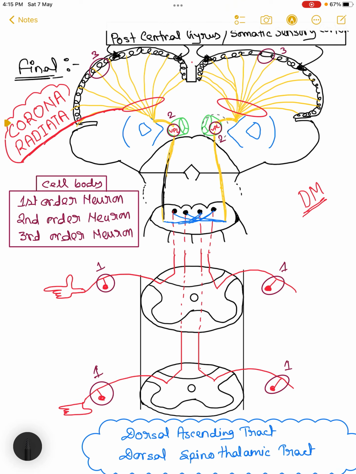Okay, so VPL is also a nucleus, so we can say it is a cluster of cell bodies. So now this cell bodies will release some new fibers. These new fibers will go where? You already know this structure. And what is this? Yes, posterior limb of internal capsule.